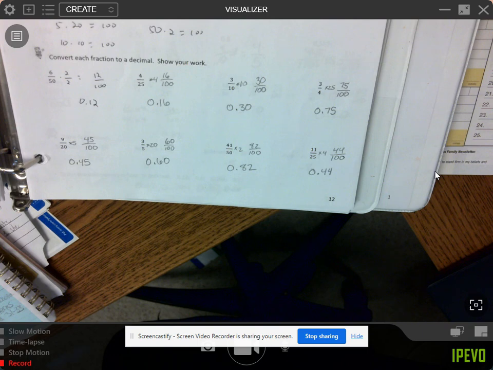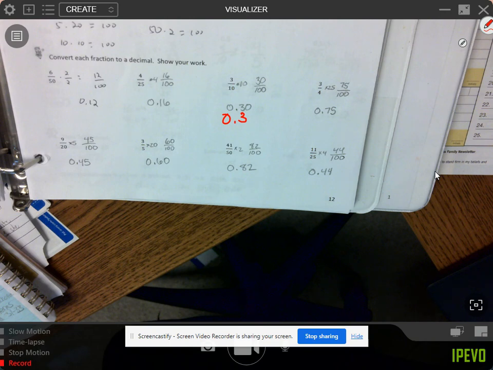Okay, so here's the thing with that one. So if you put 0.3 for 3/10, do you think I would accept that as an answer on the test? Is 30/100ths the same value as 3/10? It actually is.